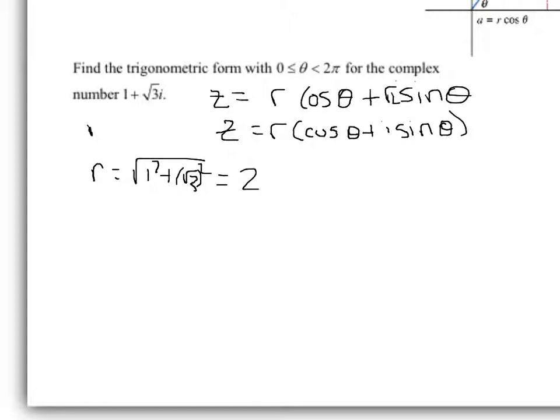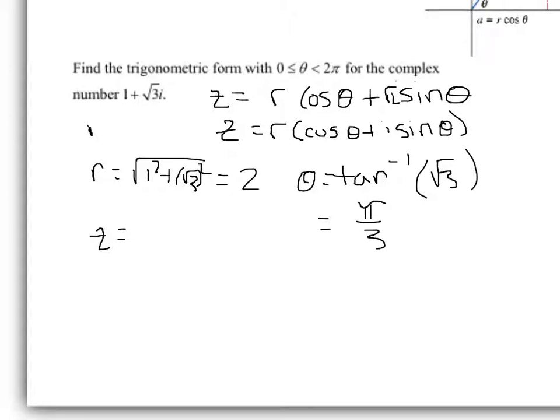So then you get z equals, well, before we do that, we got to go tangent. Theta is the inverse tangent of square root of 3, which from the unit circle, you should remember that's pi over 3. So then we get z equals 2 times cosine pi over 3 plus i sine pi over 3.